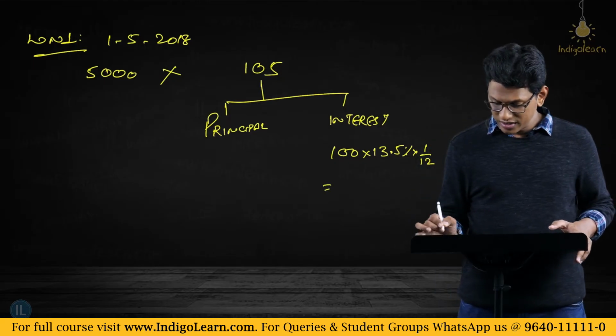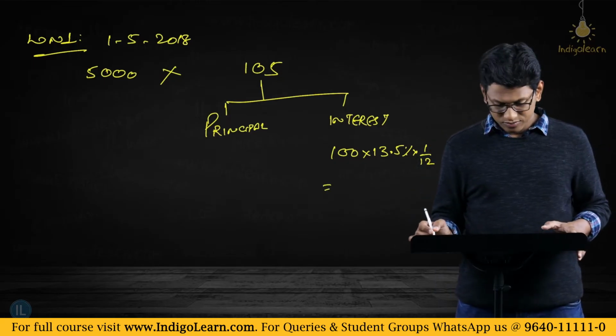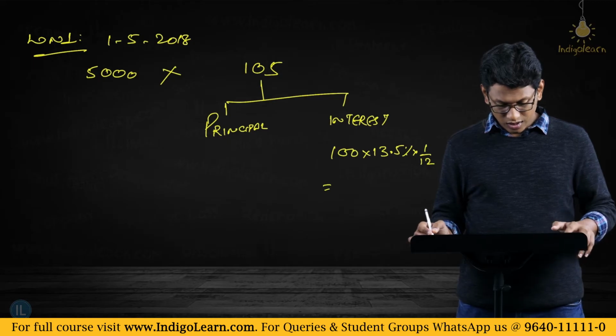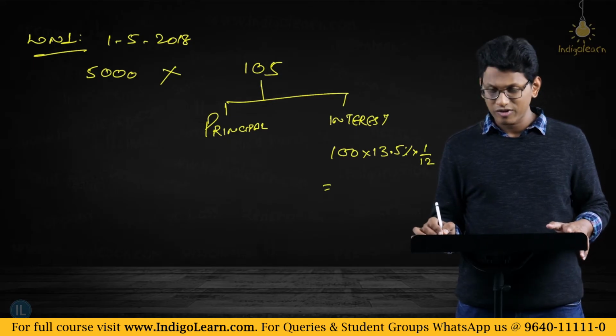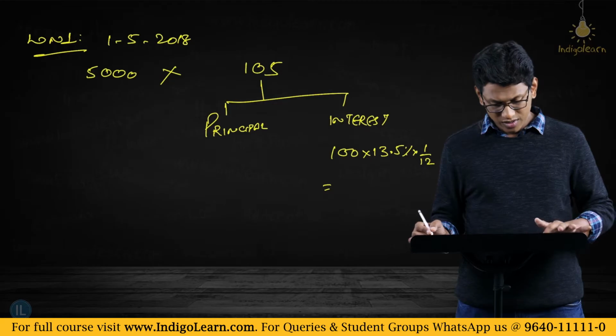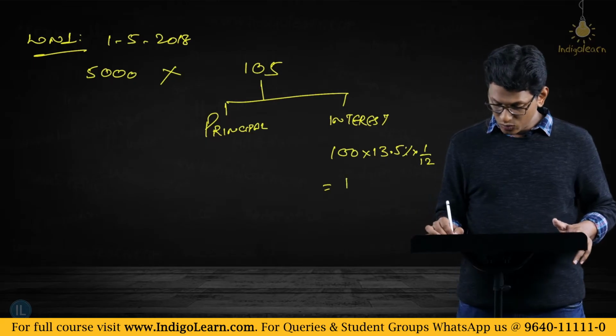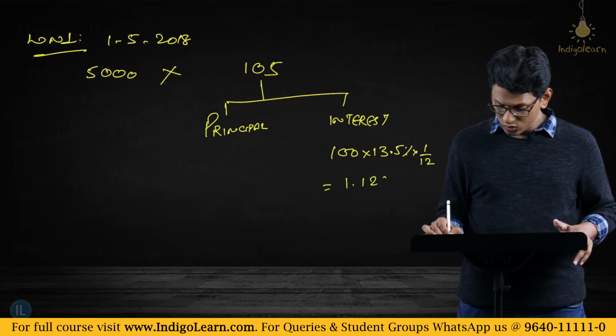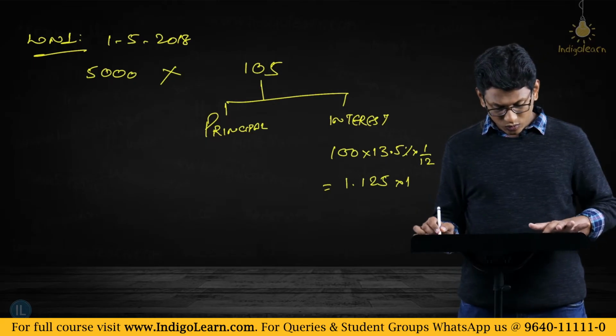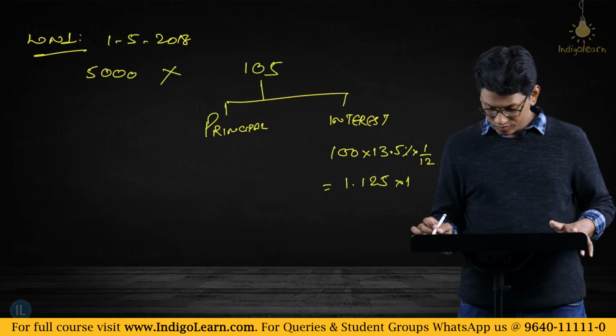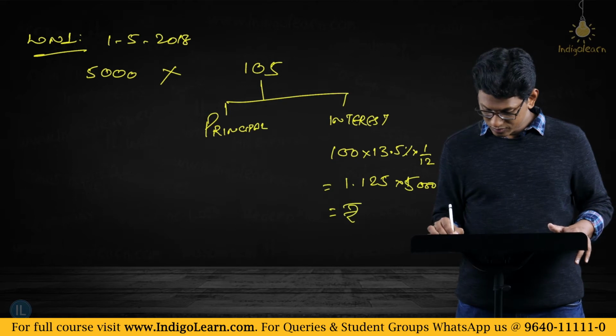So, let us calculate how much will that come to. 100 into 13.5% is 13.5. 13.5 divided by 12, that will be 1.125. 1.125 into 5,000 will be what? 5,625.